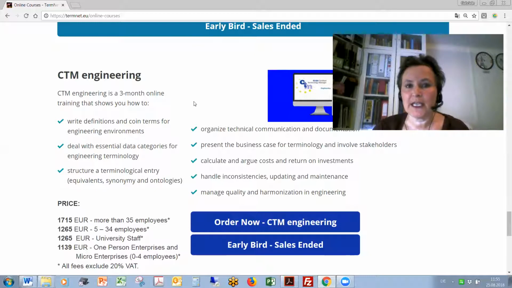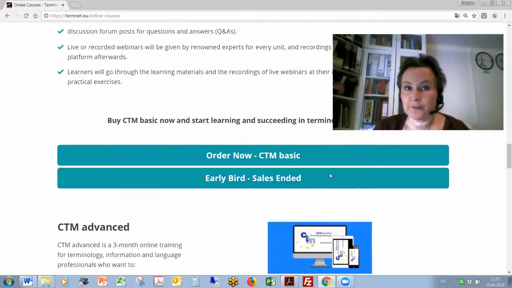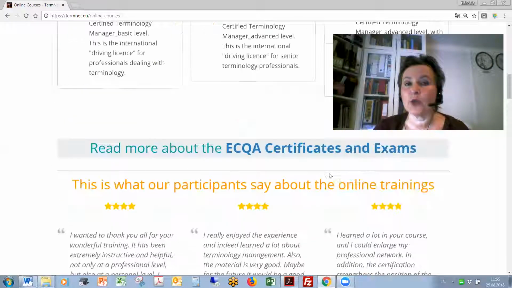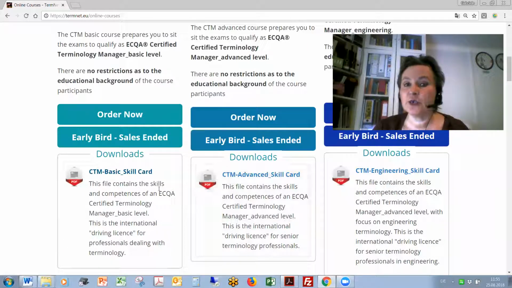It's not written here in that short description, but if you download, if you scroll up and download the skill cards here, you will see that at every level we have included project management, but at the advanced and engineering level, we have then much more focused also on the workflows and the processes.